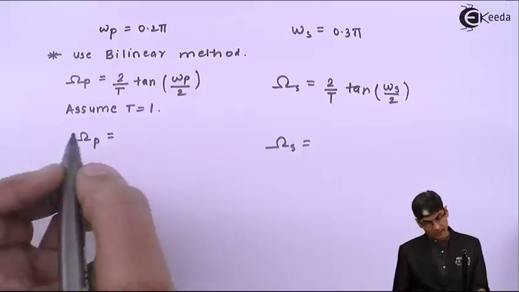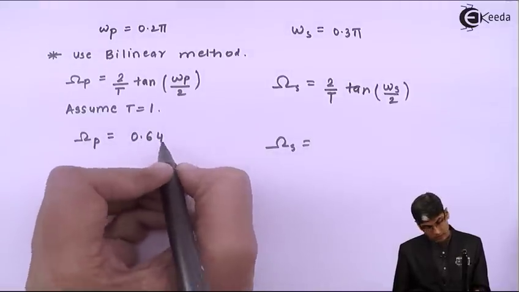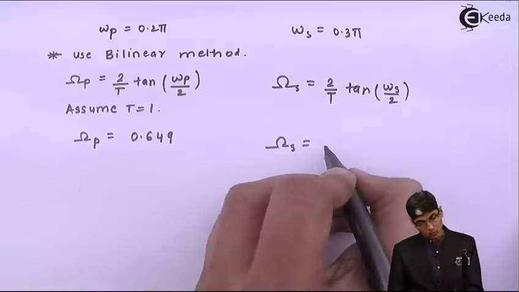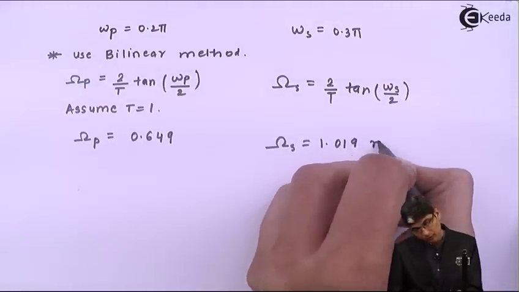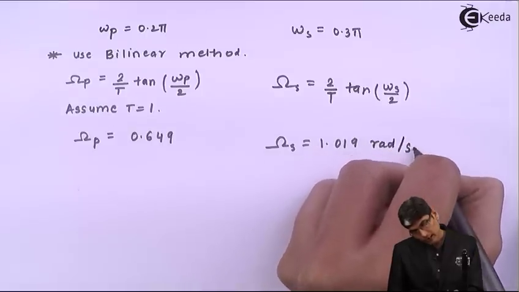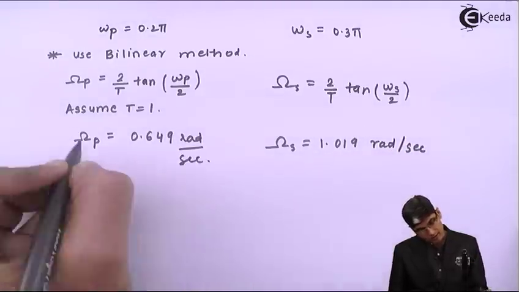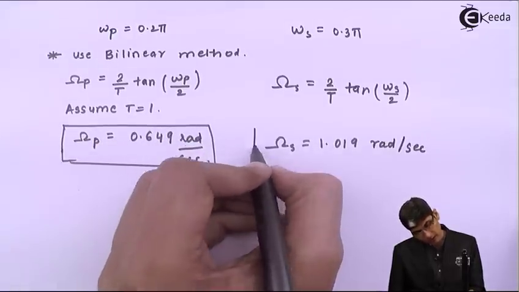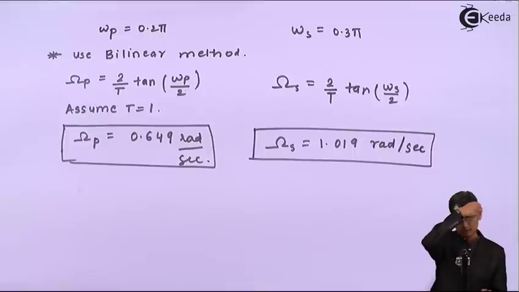Omega p comes as 0.649 and omega s comes as 1.019. Do not forget to put the units as radians per second, and here also radians per second. So now I have received my omega p and omega s using bilinear transformation.